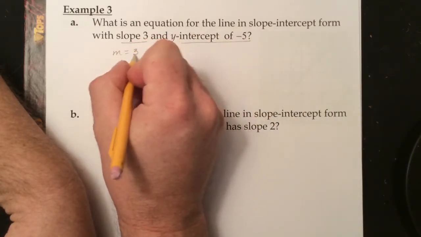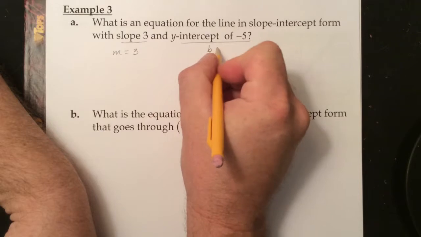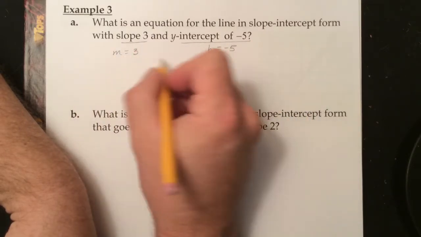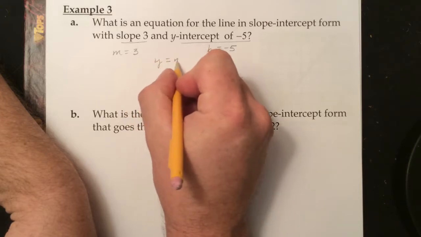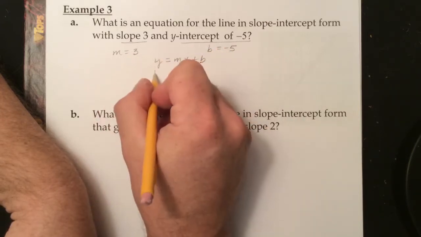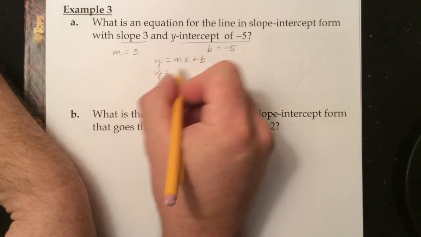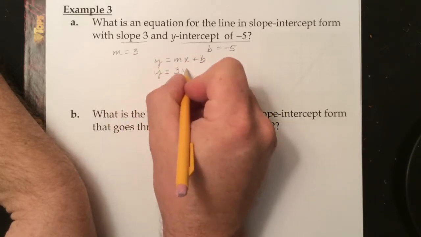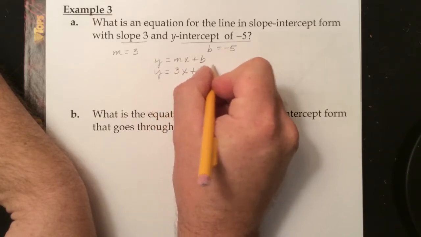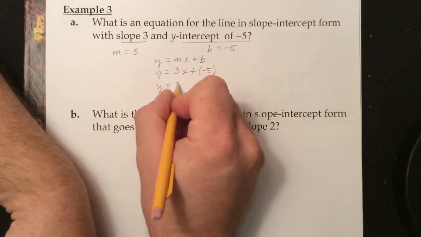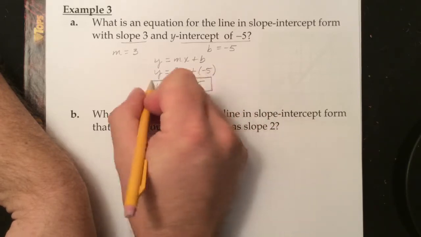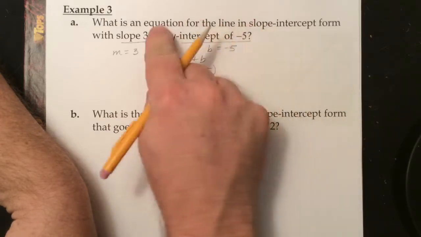Slope is 3. Y-intercept b is -5. As long as we have the slope and the y-intercept, we can directly use the slope-intercept form of a line, y equals mx plus b. So substituting in these values, we get y equals m, which is 3, times x, plus b, which is -5. Then simplify a little bit, no double signs, and we get y equals 3x minus 5. So this is the equation of the line they're describing here.